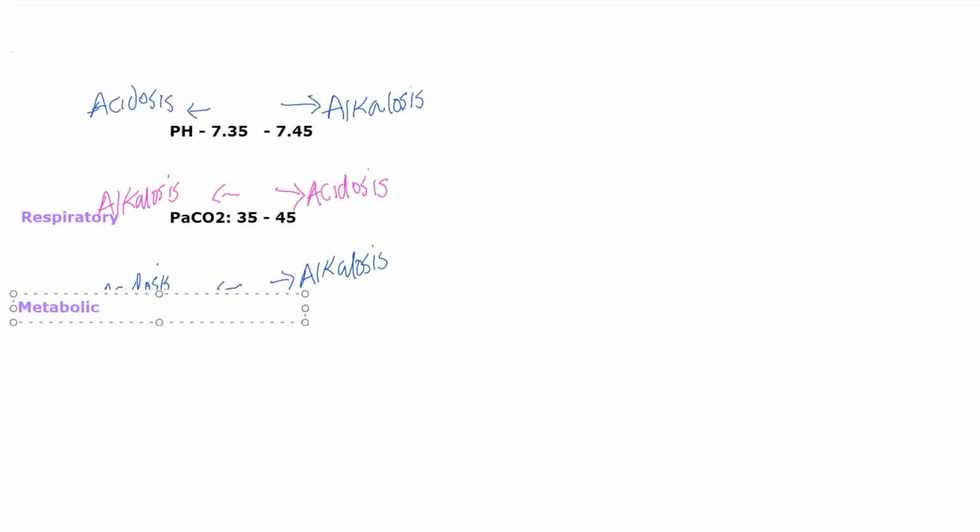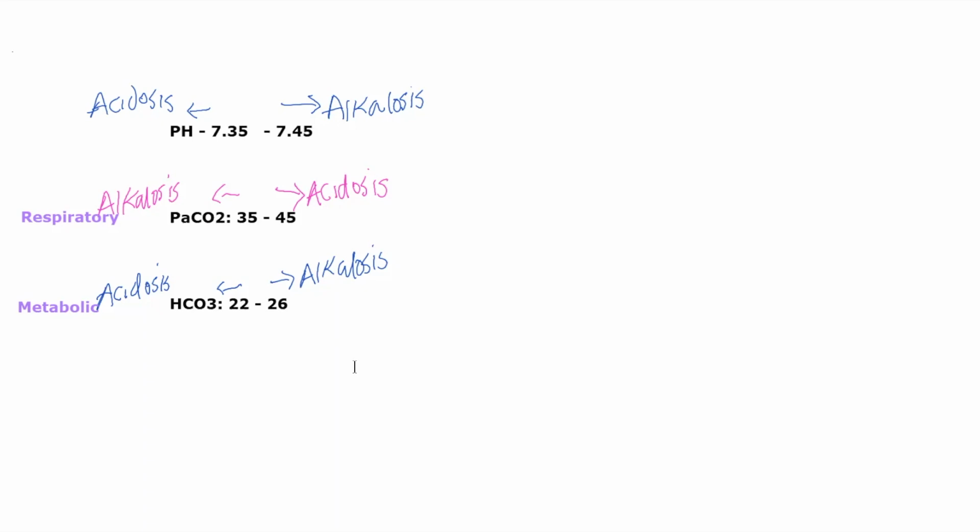It's important to keep that in mind as we do some examples soon. Knowing these normal values, your pH is 7.35 to 7.45, your PaCO2 is 35 to 45, and your HCO3 is 22 to 26.